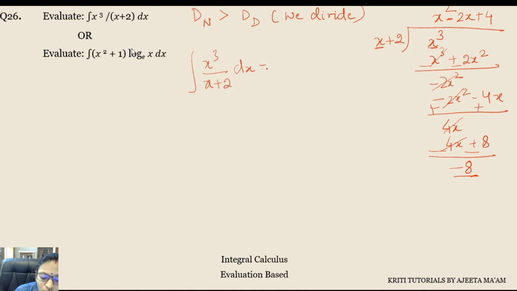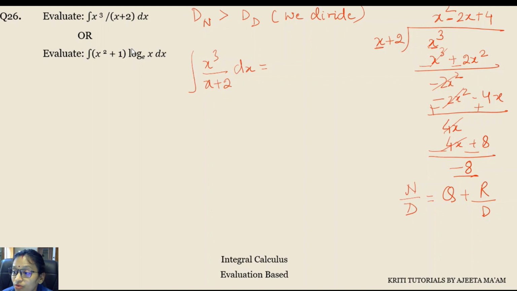We are always going to write numerator upon denominator in the form of quotient plus remainder upon denominator. If this step is correct, then you will not make errors. It becomes very simple to solve. But first you have to make sure that this step is correct for all. Long division has to be clear. Again, you will get marks for that.